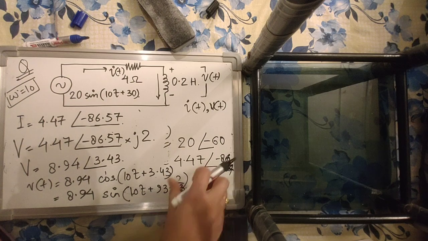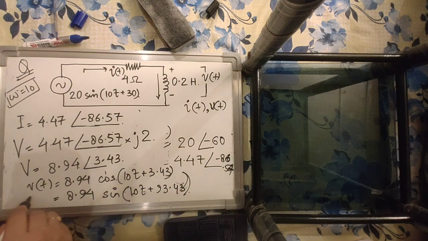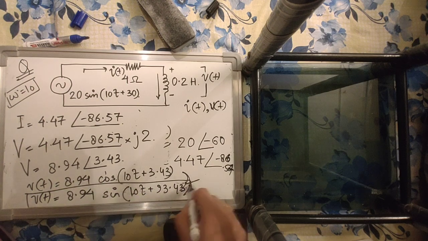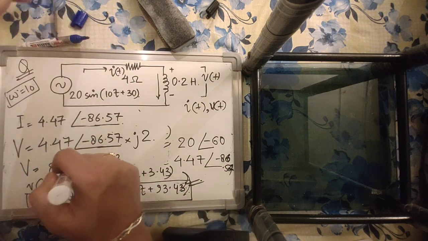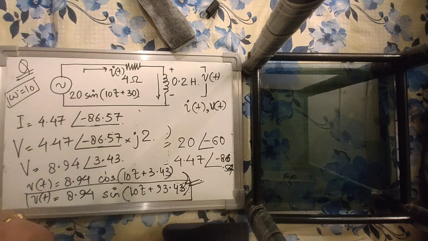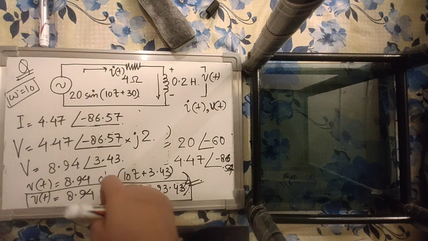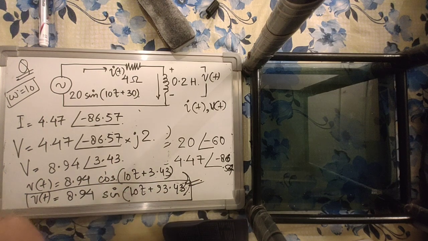So this is my voltage across the inductor in the time domain. I have done all the analysis in the phasor domain, and then return back to the time domain just to get the answers.